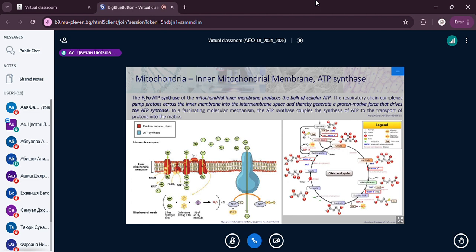During the process, on several occasions, you have protons. These protons are usually caught by special enzymes like NAD and FAD, and they are transported into the intermembrane space.